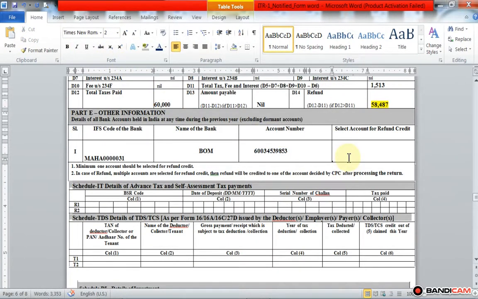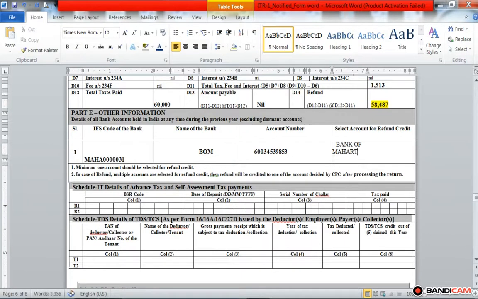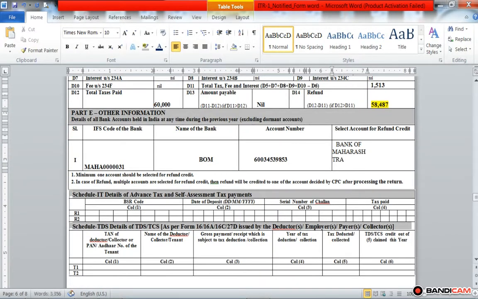Select bank. So select bank is Maharashtra Bank. So here we write the name of the bank. So here Bank of Maharashtra. Okay, that is Bank of Maharashtra, or BOM, short form Bank of Maharashtra.